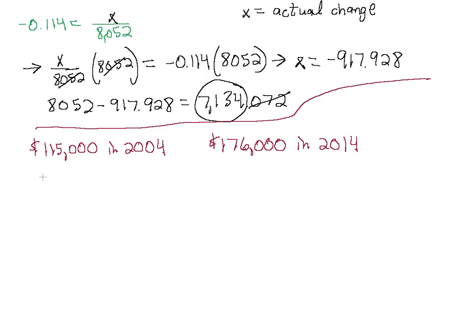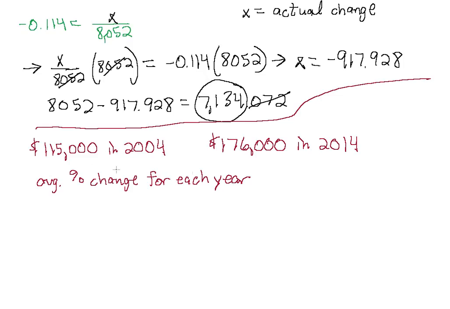We're wanting to find out the average percent of change for each year. Don't get excited here. What we're simply looking for is the percent of change averaged out over 10 years, 2004 to 2014. So let's take one step at a time, and let's start by finding the percent of change.